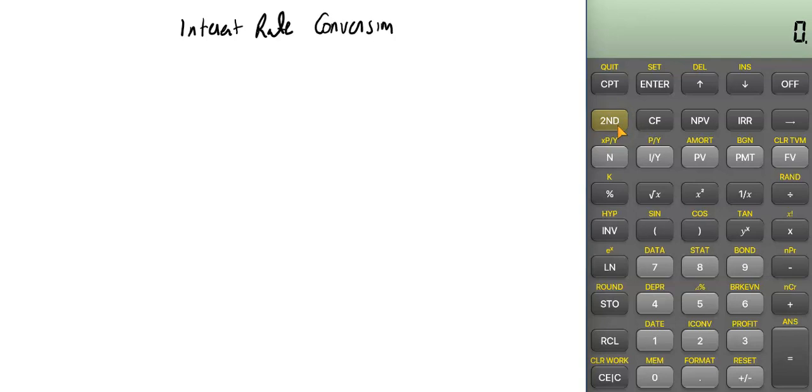For example, today is year 0 and at year 1 we are going to receive $100 and the rate of return is 10%. This is the annual rate. Whenever a rate is given, obviously it will be the annual rate, and this annual rate will always be the nominal rate.